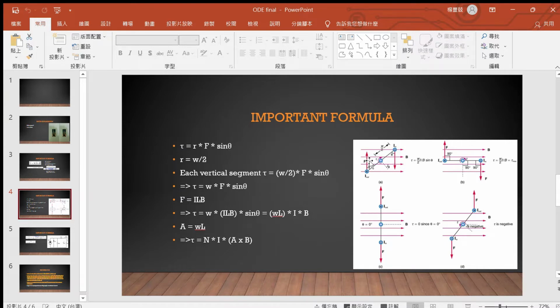However, each force produces a clockwise torque. Since R equals W divided by 2, the torque on each vertical segment is W F sine theta divided by 2, and the two add to give a total torque.